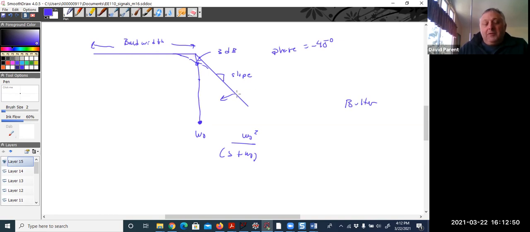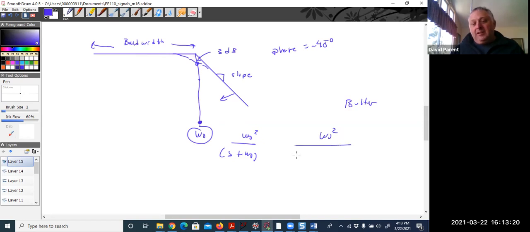A fourth order will have minus 20 times 4 slope. But this omega naught is no longer the break frequency. It's near it, but you wouldn't see it.